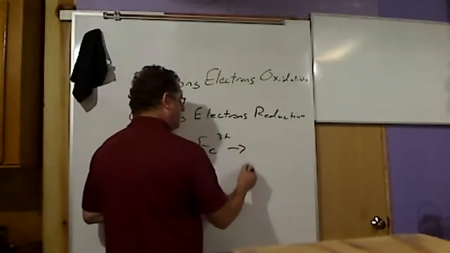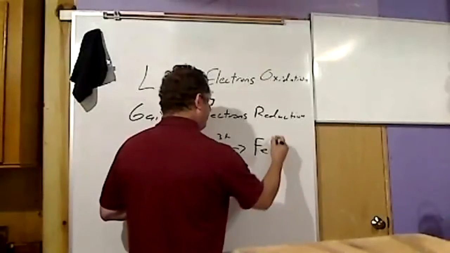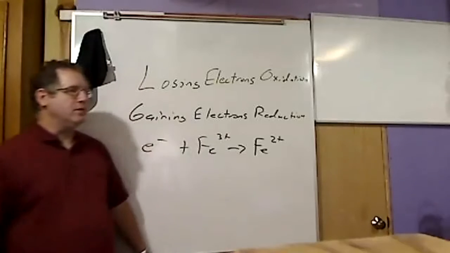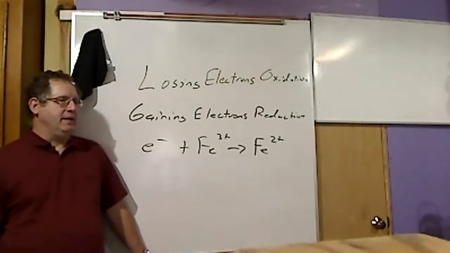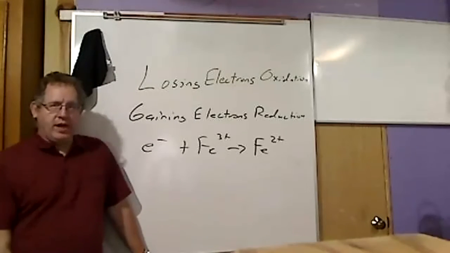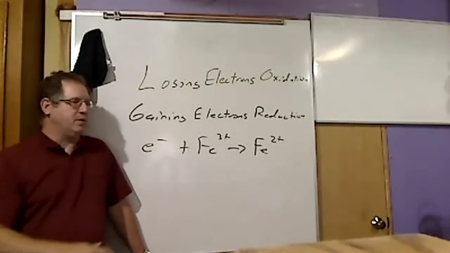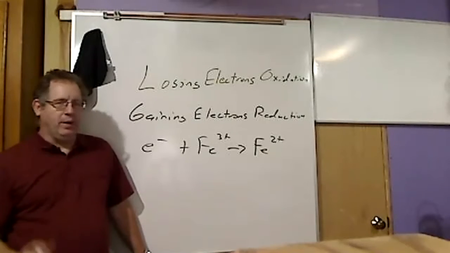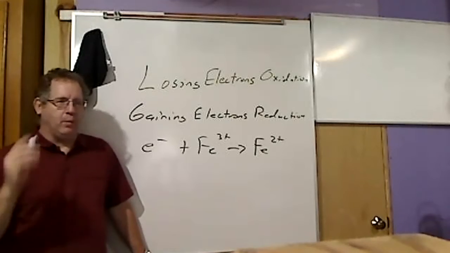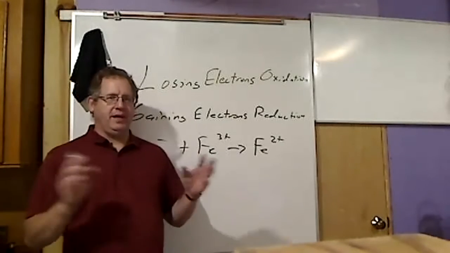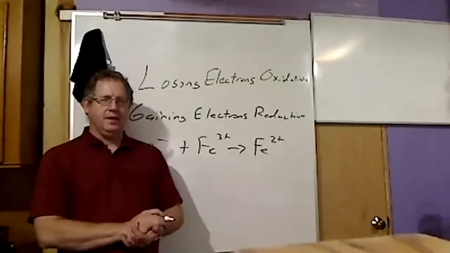What happens to its oxidation number? It goes down, okay? Now, if it's negative, it's going to go more negative. That's why it's called reduction, is because the oxidation number goes down. We don't need to worry about that too much, but we do need to pay attention to electrons being gained and electrons being lost. Okay.